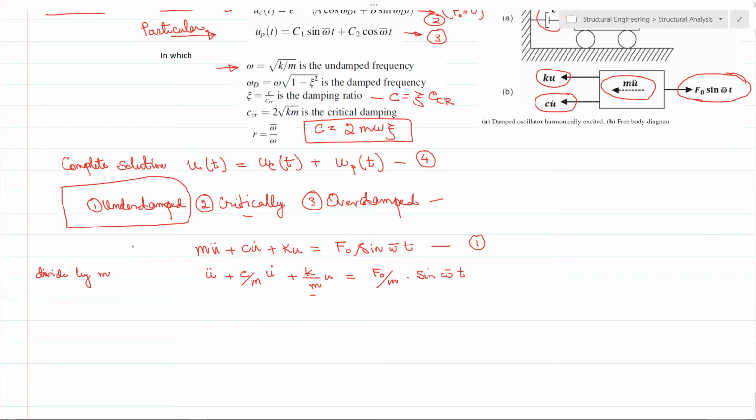So if I substitute these values over here, what I will get: u double dot plus c is 2 times m omega into xc divided by m u dot plus k over m is omega square times u is equals to f naught over m times sine omega bar t. So I can cancel m and m over here.